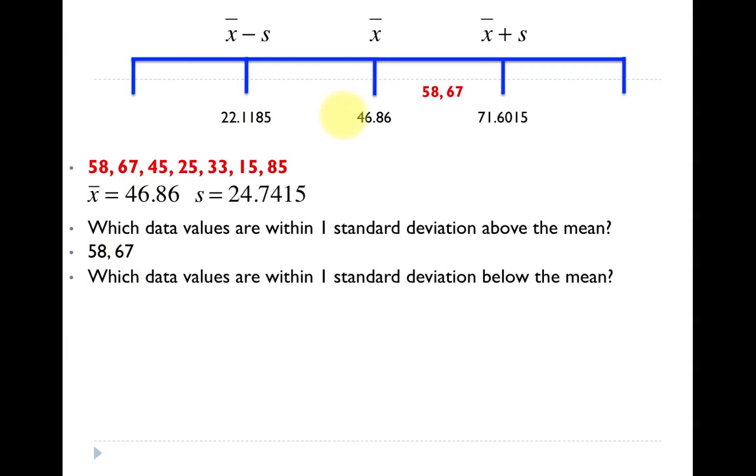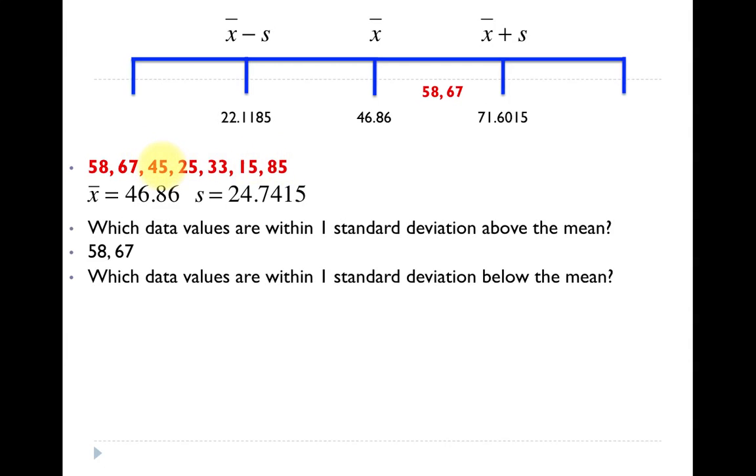So you look at your mean, 46.86, you look at the value that is one standard deviation below the mean. X bar minus s is going to mean below because you're subtracting a standard deviation. So 22.1185, and you decide which of your data values fall between 22.1185 and 46.86.